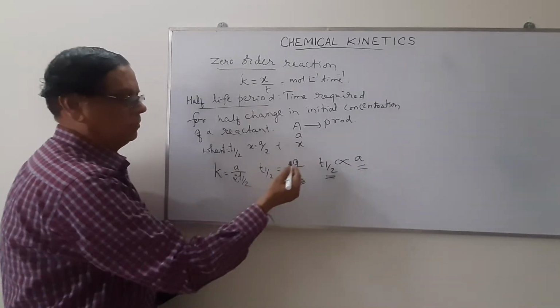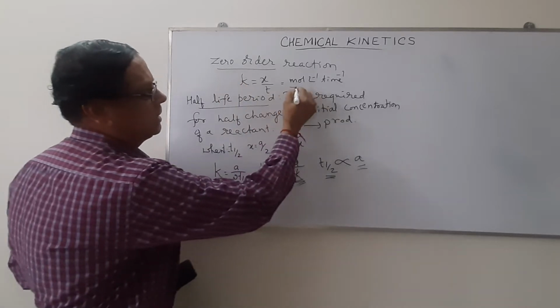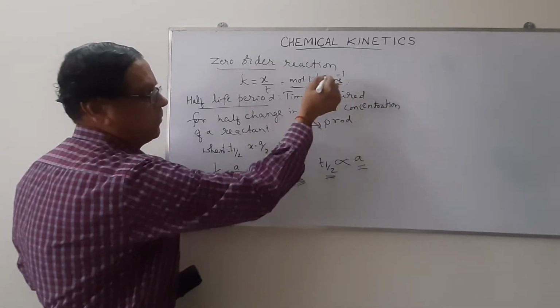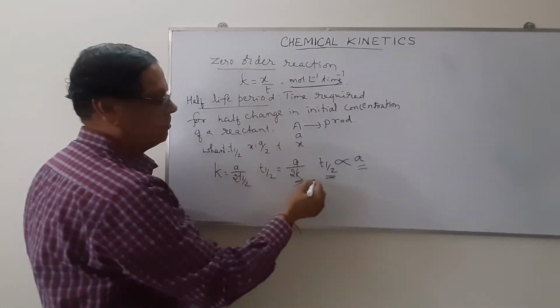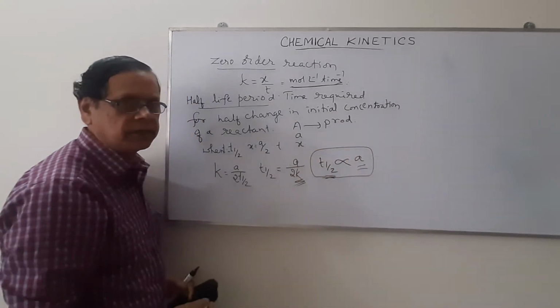And if you consider this expression, mole per liter per unit time, this is one important piece of information. The second is that T half is directly proportional to initial concentration.